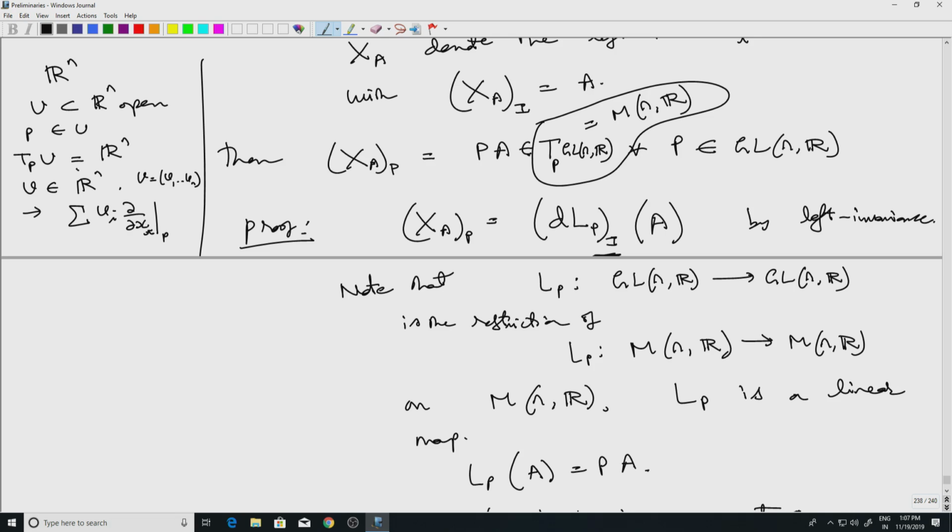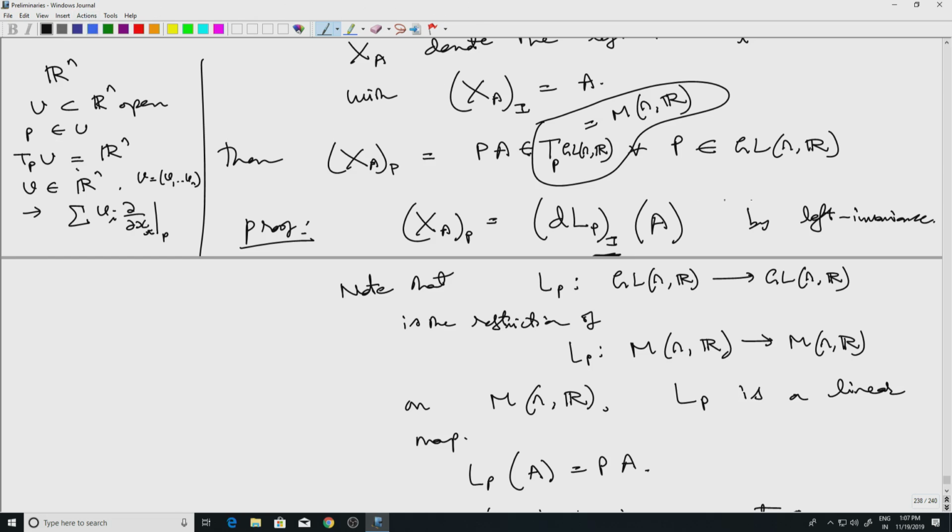So it's Vi del xi at P. So here too, when I say TP GLNR is MNR, it's the same thing here. If I start with an element of MNR, I get a derivation at the point P via this prescription, Vi del xi at P.